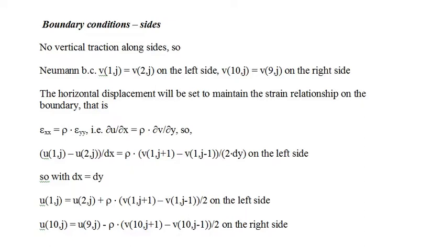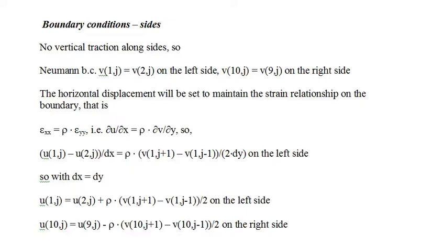However, the vertical stress transmitted from above causes a horizontal strain as per Hooke's law equal to minus rho times the vertical strain. So we use a Neumann boundary condition to model this strain. On the left side we have u(1,j) minus u(2,j) divided by dx equals rho times v(1,j+1) minus v(1,j-1) divided by 2 times dy.